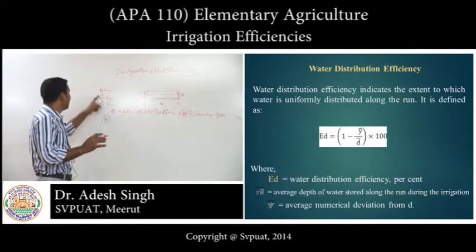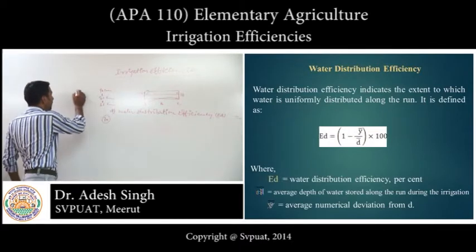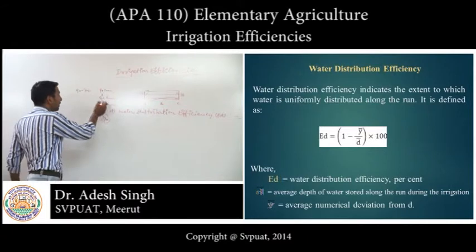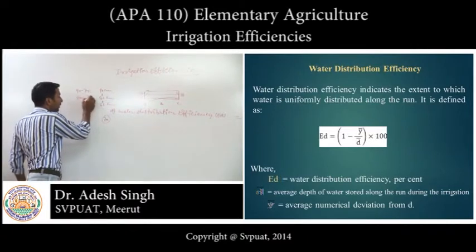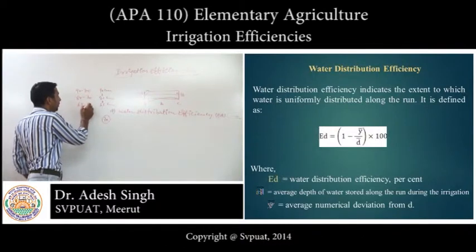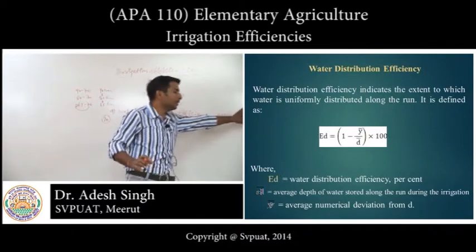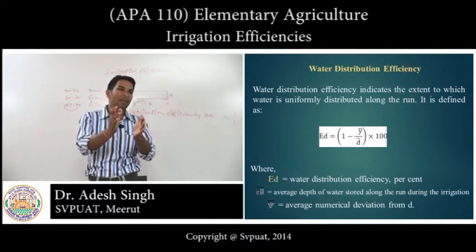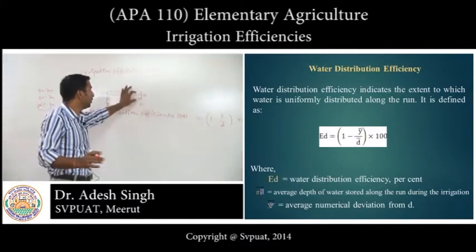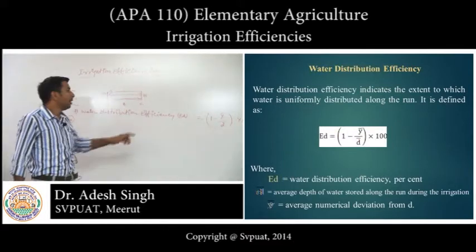Say for example, in the first case 90 minus 70, in the second case 80 minus 70, and in the third case 65 minus 70, or you can say 70 minus 65. Means without considering the sign, deviation means the difference between the mean depth and the depth of actual wetting.